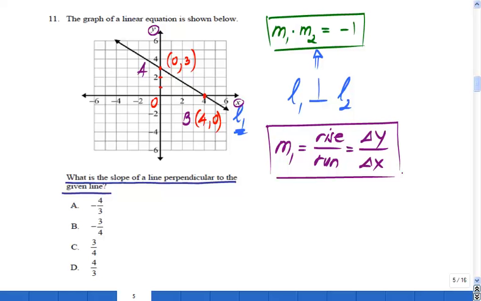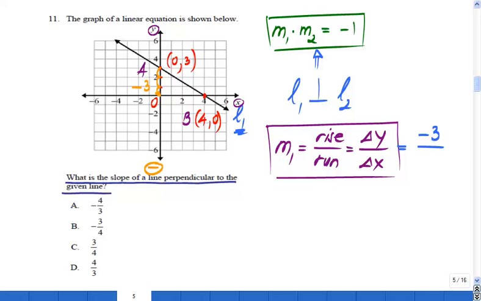And to find the slope, you always have to move either vertically or horizontally. Vertically to find the rise, horizontally to find the run. Let's start with the rise. Well, the rise is what? I have to go 1, 2, 3 units down, right? And because I'm going toward the negative direction, that will be -3. So my rise is -3 units.